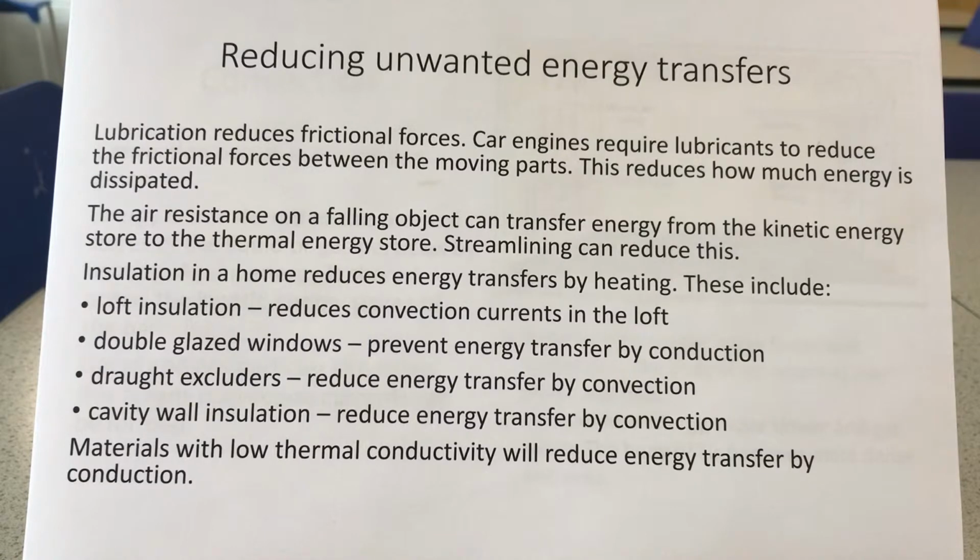When we're building a building, we can choose materials with low thermal conductivity, so they don't conduct the heat away, and that will reduce the energy transfer by conduction. Okay, so lots of different ideas there for how we can reduce energy transfers in the home.